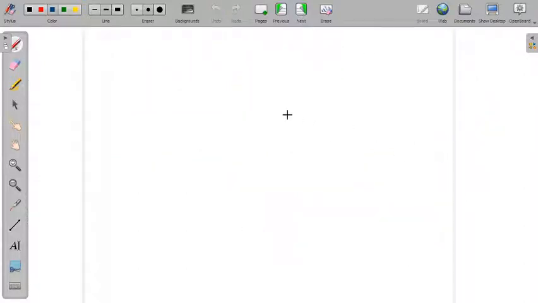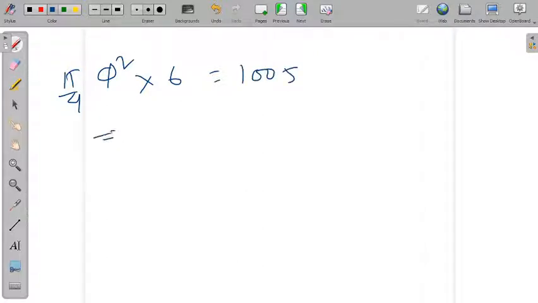Also another guideline says that we have to provide a minimum of 6 numbers of bars. So for 6 bars, what will be the diameter? You can calculate it: pi by 4 into diameter square into 6 bars is equal to 1005. If you calculate this, it gives an approximate diameter of 16 mm, because below that it is coming 14 point something, so we go for 16 mm.